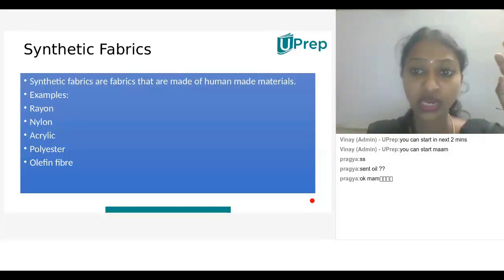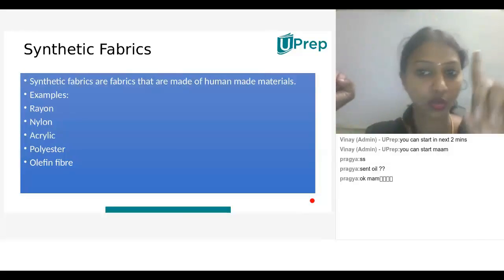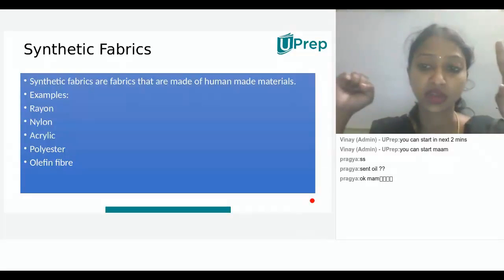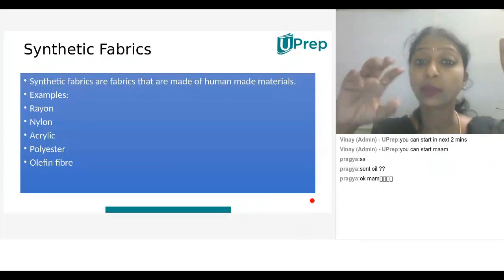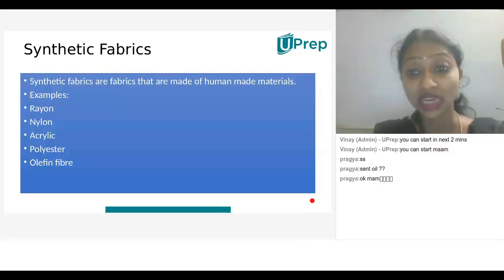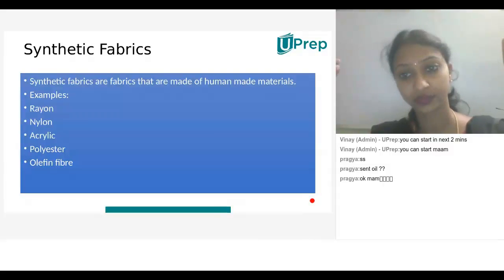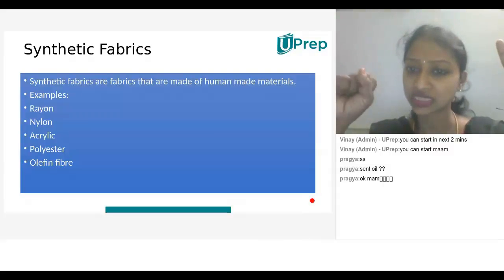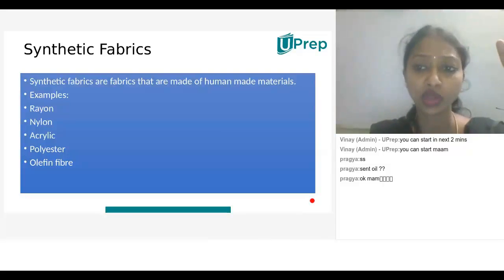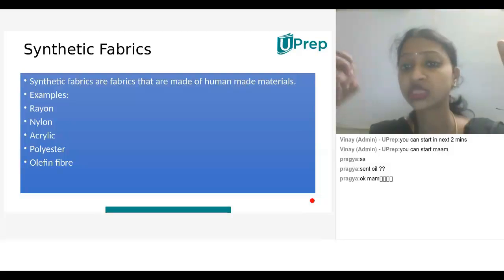Synthetic fiber is 2,000 and natural fiber is 6,000. Listen carefully: the properties of the synthetic fiber are better. That means it is resistant, it is moth-free. What do you mean by moth-free? It doesn't attract fungus or any other insects because it is man-made. It is made up of chemicals.